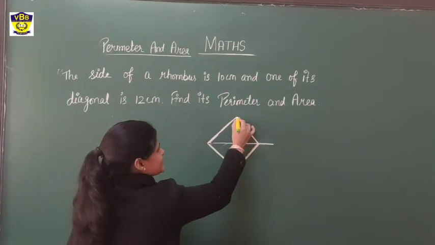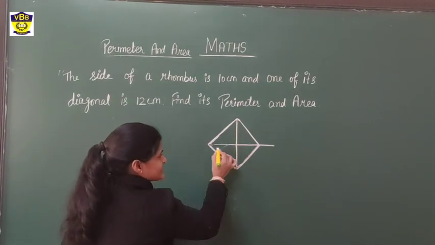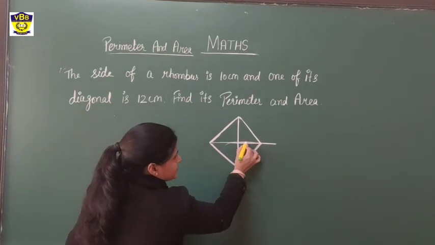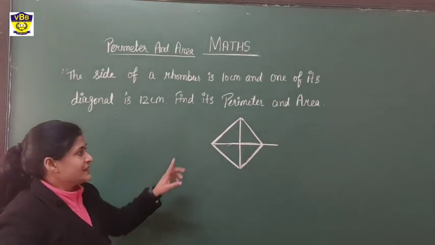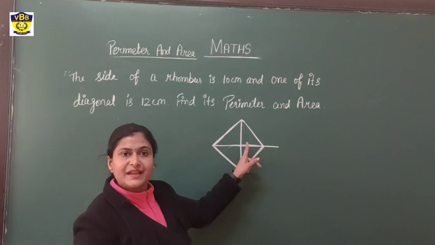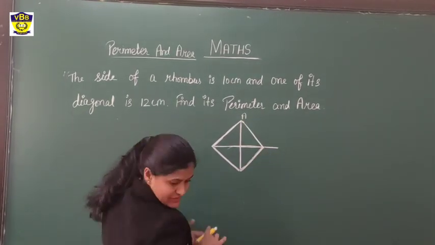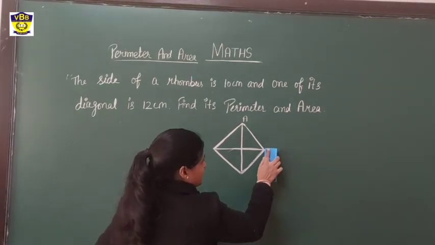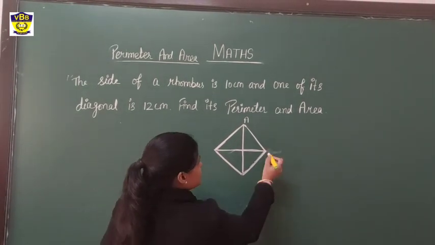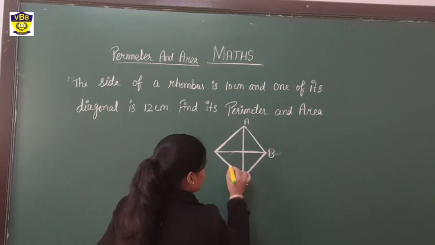These two are diagonals. The property of a rhombus is that the diagonals bisect each other at 90 degree. These are A, B, C and D.